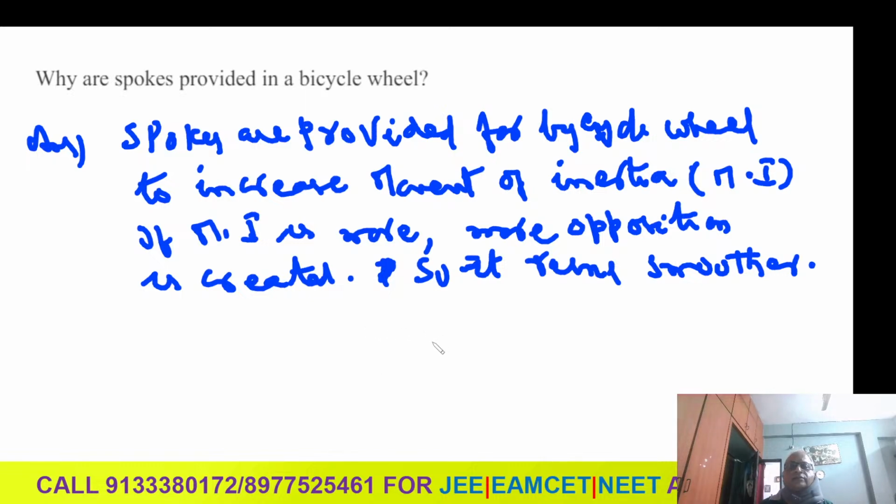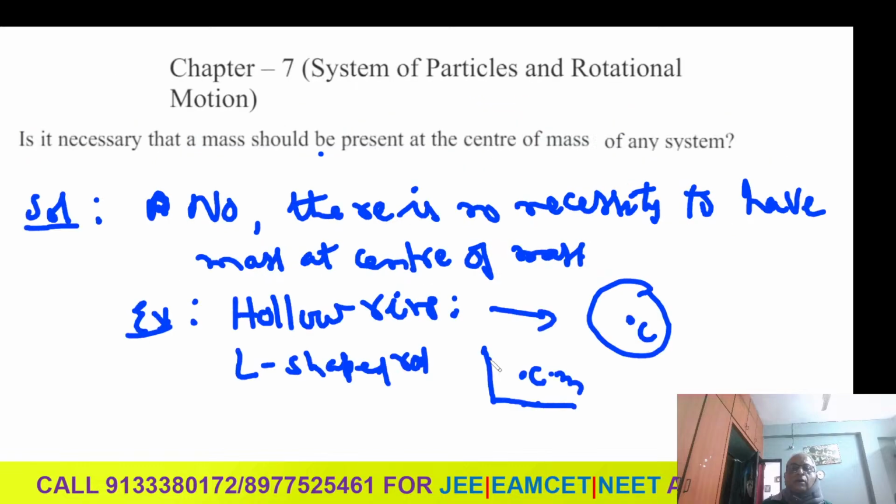Example is a hollow ring, I told. Here, the center of mass is not lying on the ring, it is outside. An L-shaped rod also, two equal length rods, the center of mass does not lie on the rod. Outside, the center of mass will lie. So those are the two examples.